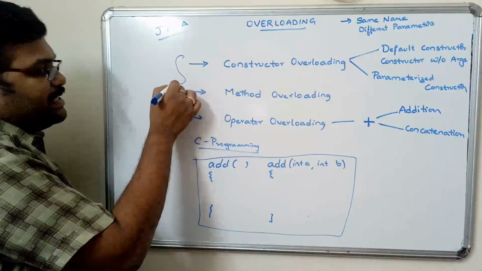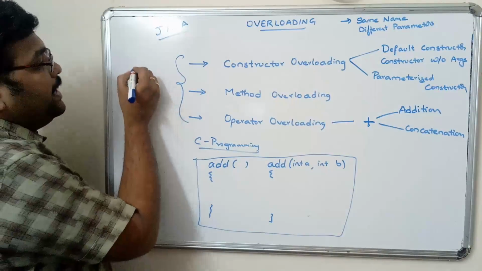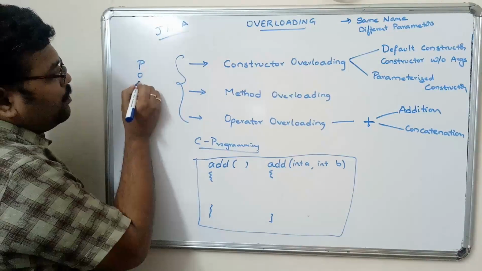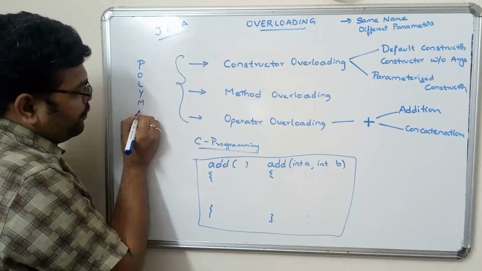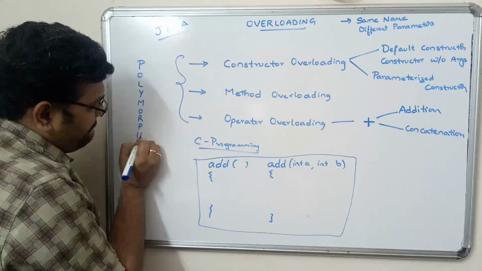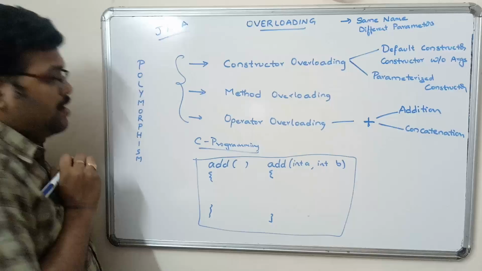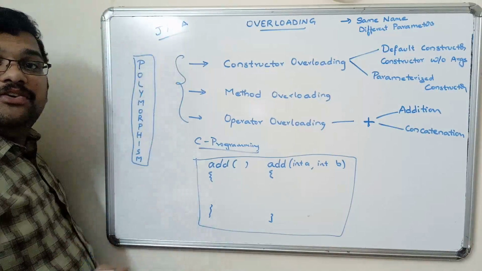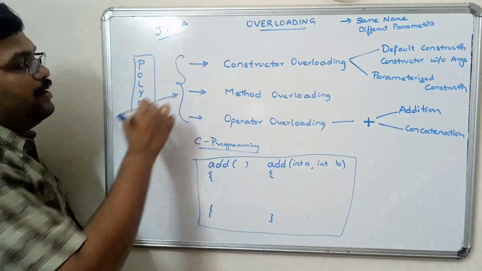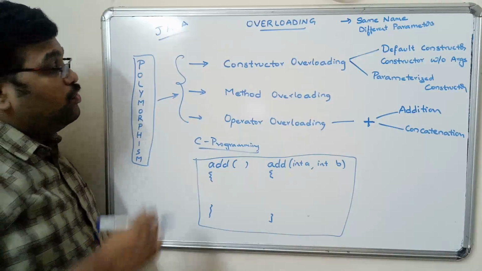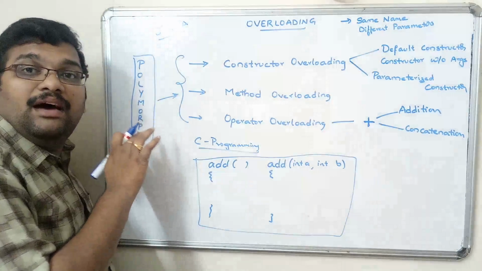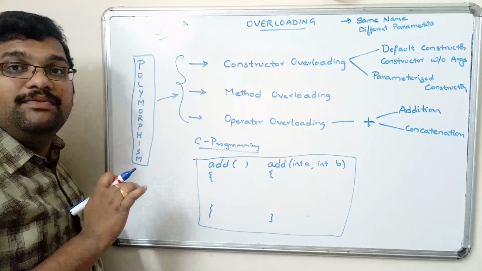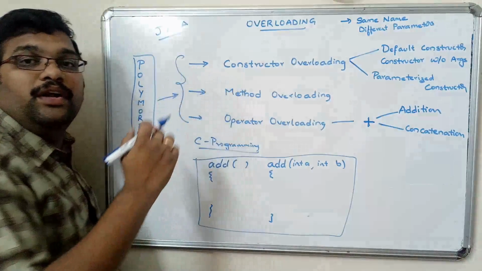So all these terms we call polymorphism. So executing the same thing in different ways. So this polymorphism in Java is achieved by implementing this overloading concept.